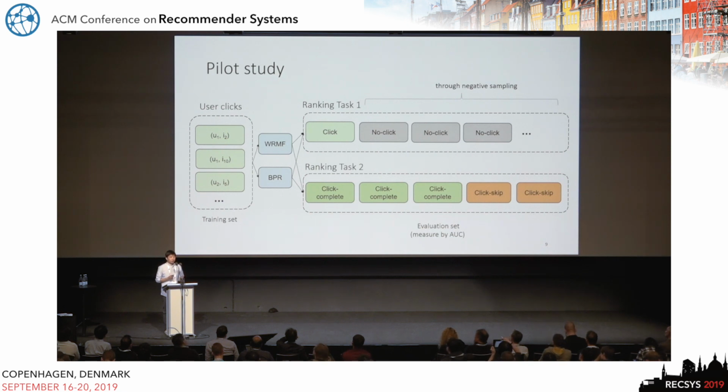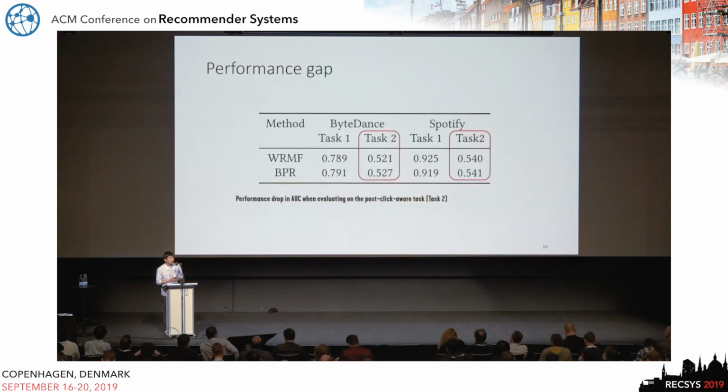This is essentially re-implementing what the system already does right now. The second ranking task is where we want the recommender to rank click-complete items over click-skip items. This essentially shows what correlates with end-user engagement or user satisfaction. In this table, we show the performance on the two tasks.